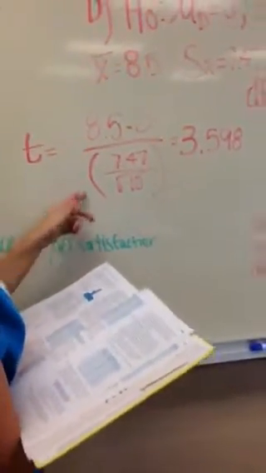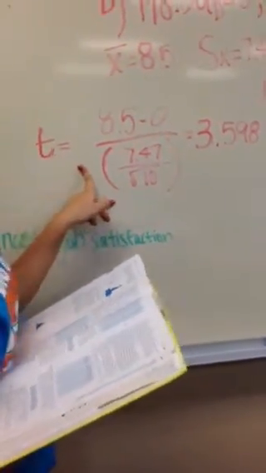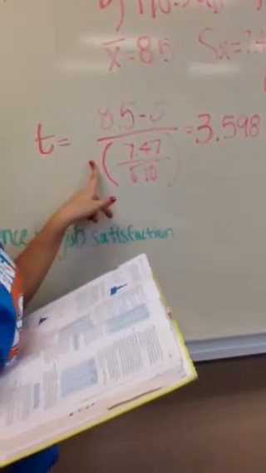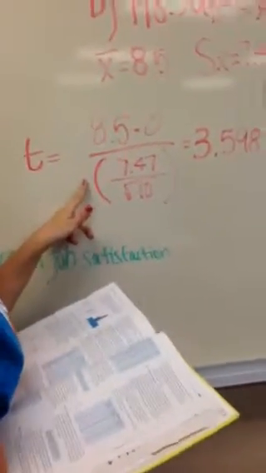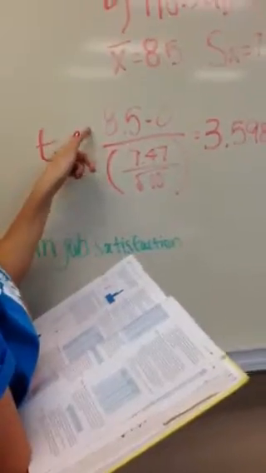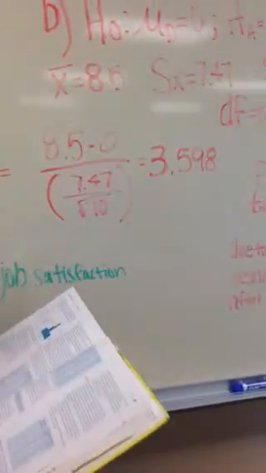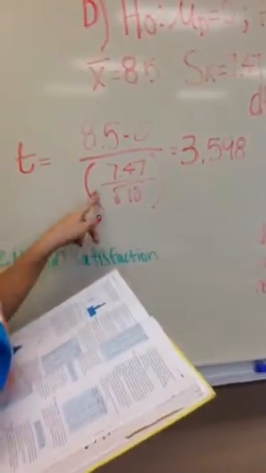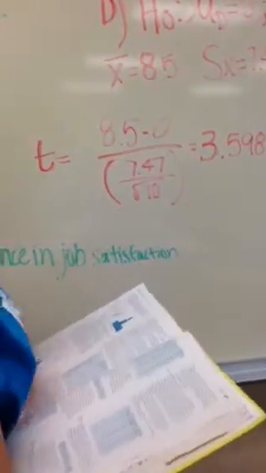So it's 8.5 minus 0, because that's from your hypothesis, over the standard error, which is 7.47 over the square root of 10, and then you get 3.598 or 3.6.